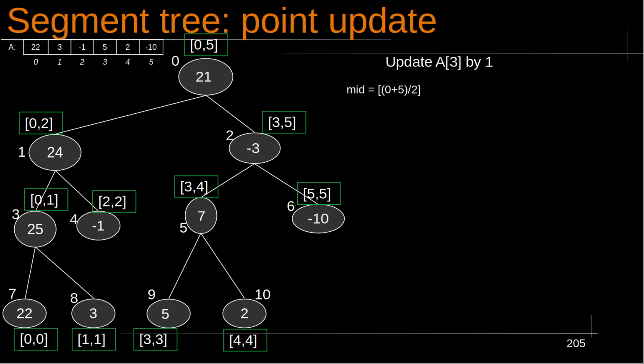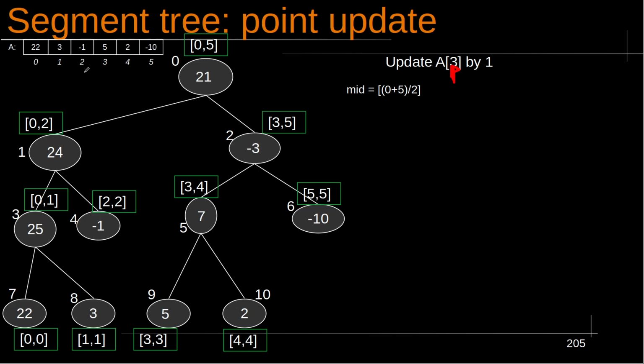The middle is (0 plus 5) over 2, which is equal to 2. Now we have to check whether index 3 lies on the left side or the right side. As you see here, the middle is 2, so we have two sides: from 0 to 2, the left one, and the right side from 3 to 5.